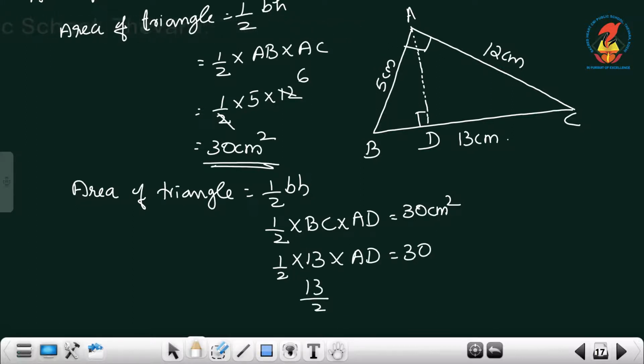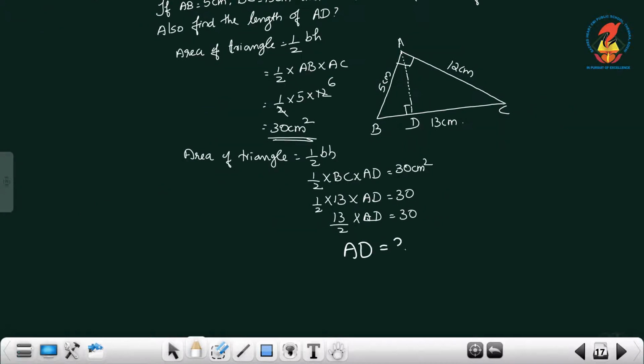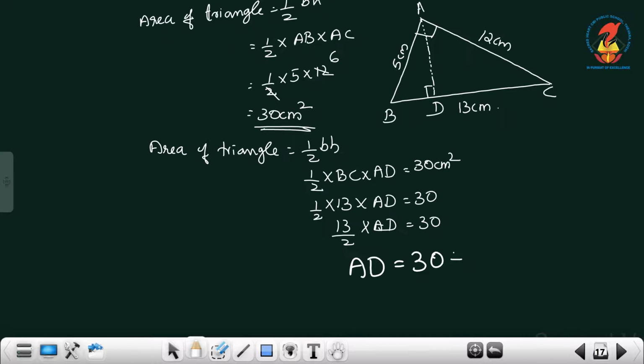13 by 2 into AD equal to 30. AD equal to 30 divided by 13 by 2.